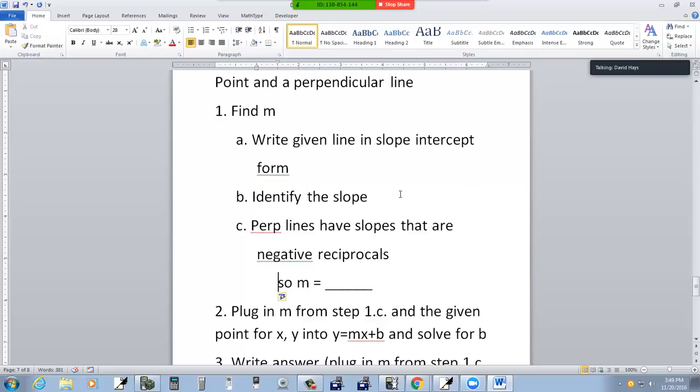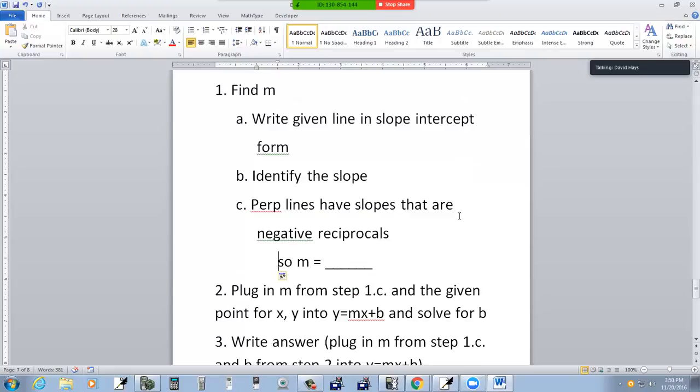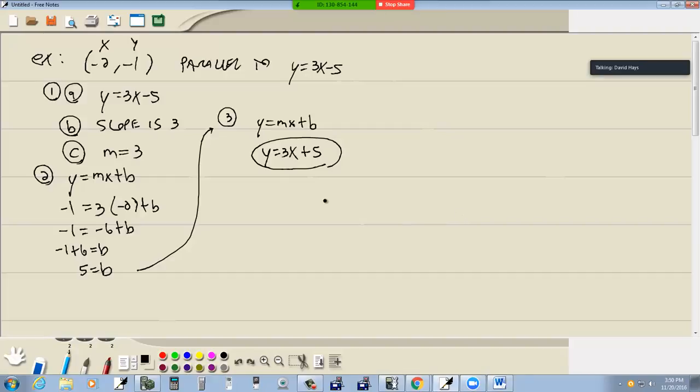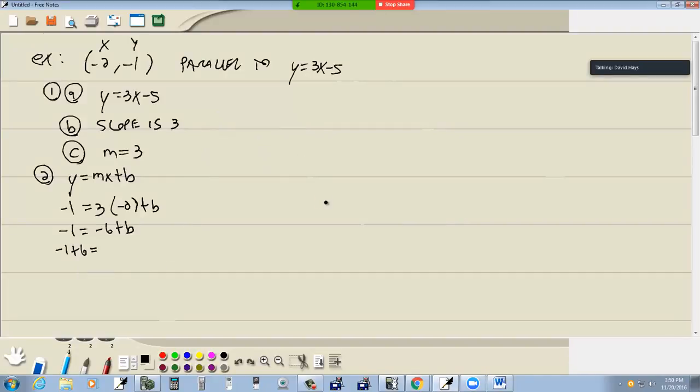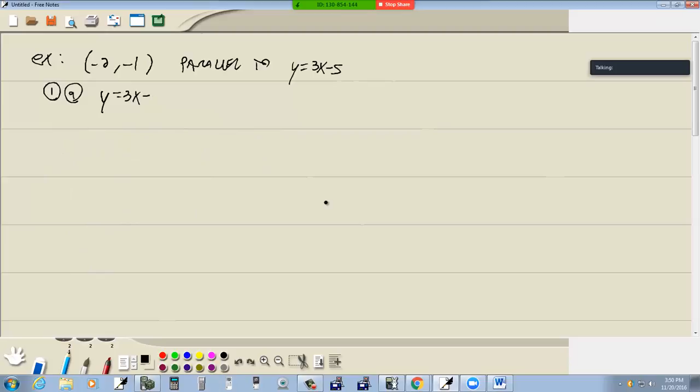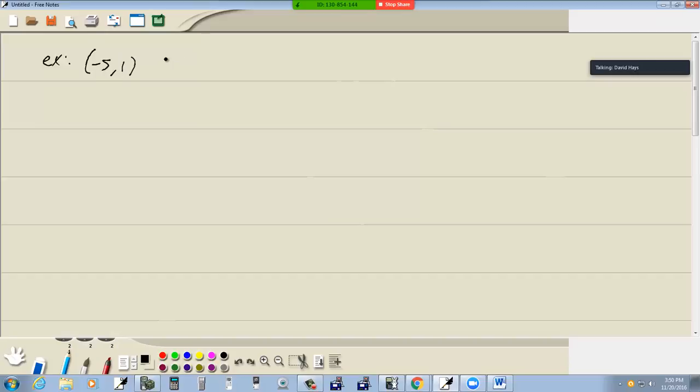But other than that, all the other instructions are the same. We'll clear this off. And let's say I have the point negative 5, 1, and it's perpendicular to 5x plus 2y is equal to 3.